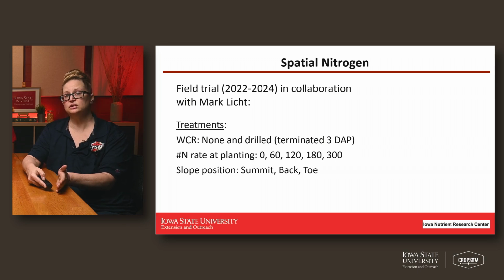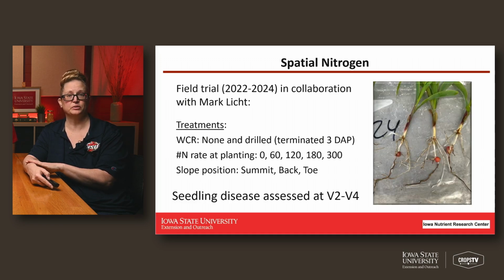When we drilled those plots, then those plots were terminated at 3 days after planting the corn. And we had several different rates of nitrogen, 0, 60, 120, 180, and 300 pounds per acre. And those were applied at corn planting. And then we had 3 different slope positions, summit, back slope, and toe slope.